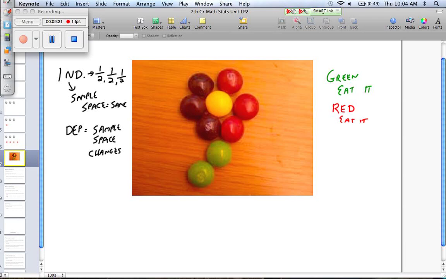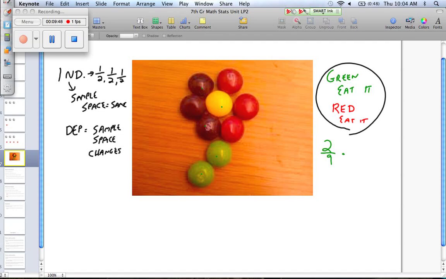What is the probability that these two events occur? That I grab a green, I eat it, and then I grab a red. Okay. First step, obviously, calculating the probability of getting the green. So there are 2 greens out of 1, 2, 3, 4, 5, 6, 7, 8, 9 total Skittles. 2 out of 9. Okay? Straightforward, we did it last time.